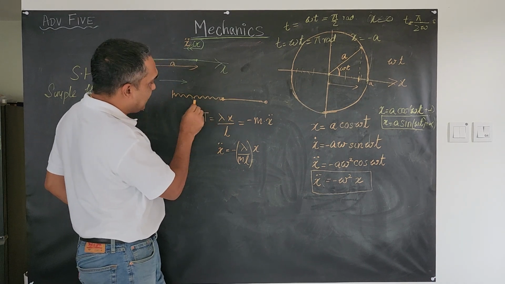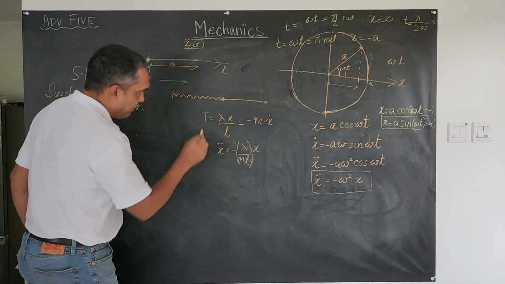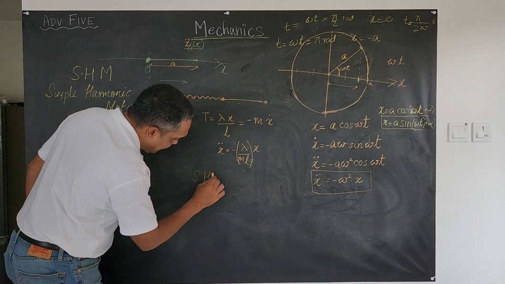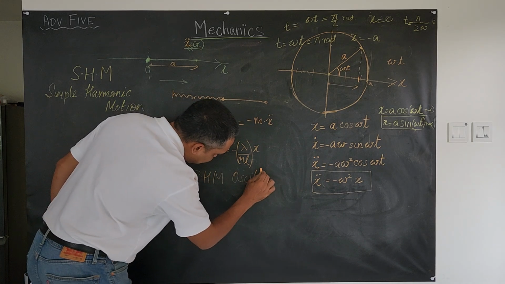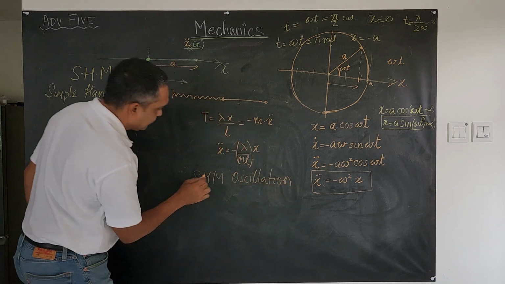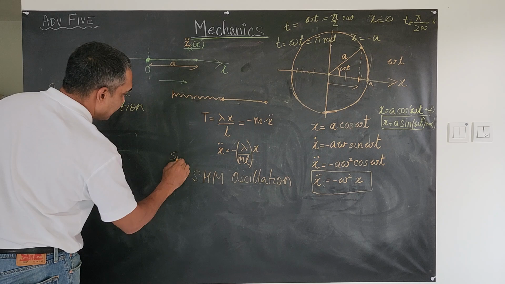So this is great to do. You would have oscillation, meaning you would go back and forth. You have SHM oscillation. Right? This is for a spring.